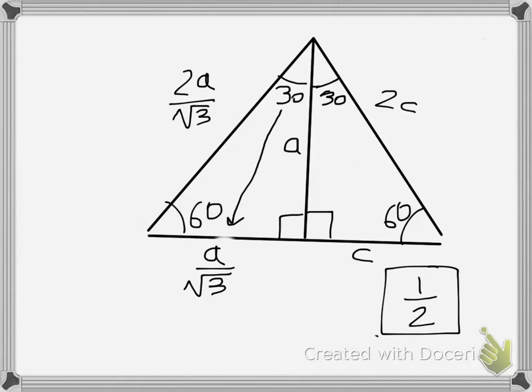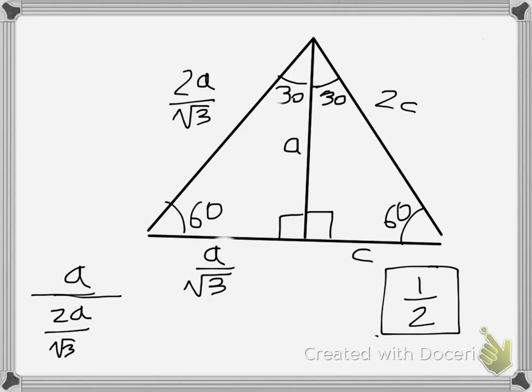Now let's do cosine of 30 degrees. Well, that would be adjacent, which is a, over hypotenuse, which is 2a over the square root of 3.